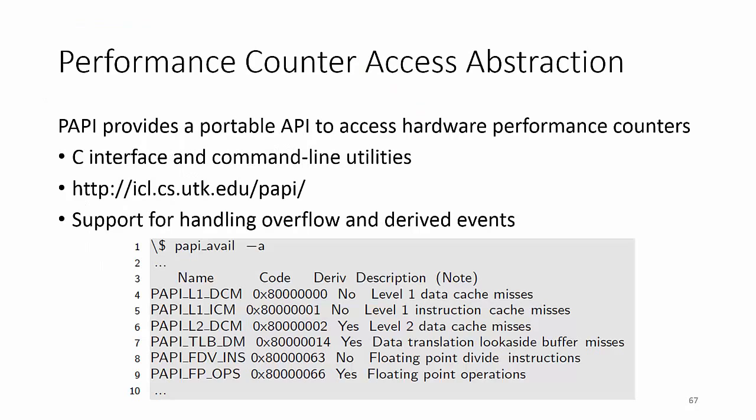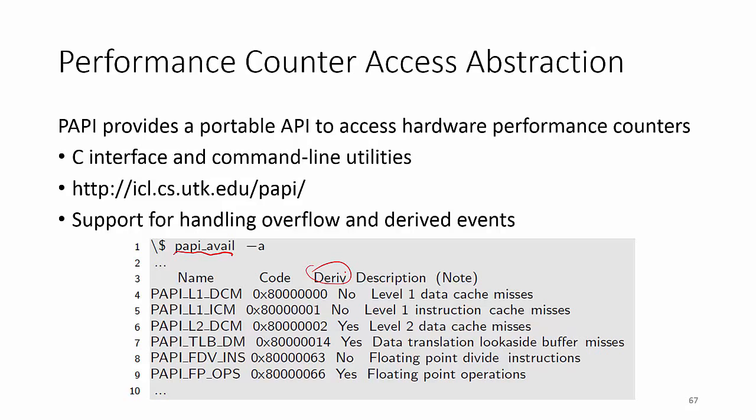PAPI is a portable API for using performance counters. It's quite useful. If you're on a Linux computer and have installed support for PAPI, you can find out the available counters by typing papi_avail, and then you get a list of various counters. Here is an example of how it might look. We have PAPI_L1_DCM, which is data cache misses on level 1 caches, and you get information on whether this is a derived counter or not.